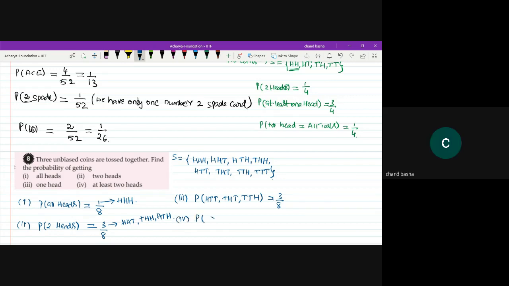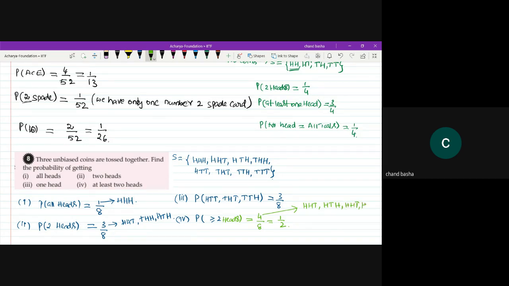So minimum 2 heads. Don't take equal to 2 heads. Minimum 2 heads means 2 or more than 2, you will get total 4 divided by 8, which is 1 by 2, the required answer. If you want, I'll write here: HHT and so on.